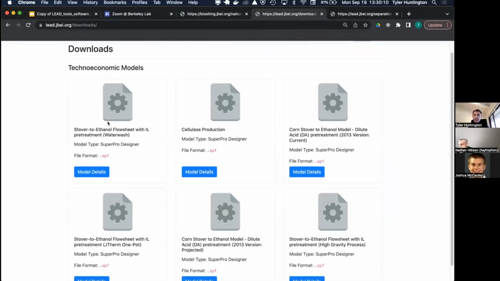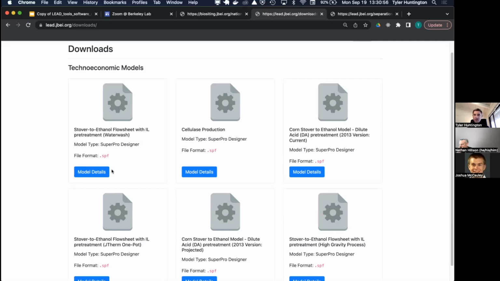By original form, I mean in SuperPro Designer flowsheet files, because practically all of the models featured in our LCA tool and that on-the-fly lightweight version have a predecessor form in these more detailed simulation models developed with SuperPro, which is commercial software that does a really good job of detailed simulation process modeling, but it's just not quite flexible and lightweight enough to host those simulation models in a web format for on-the-fly predictions.